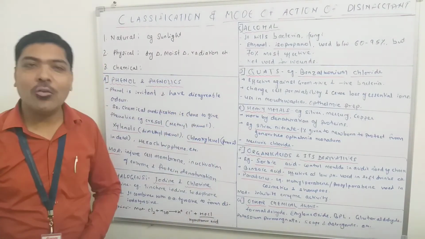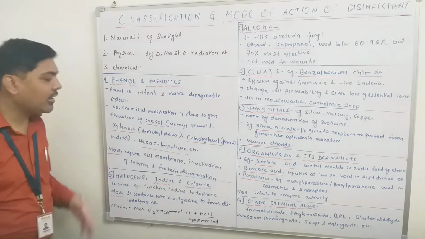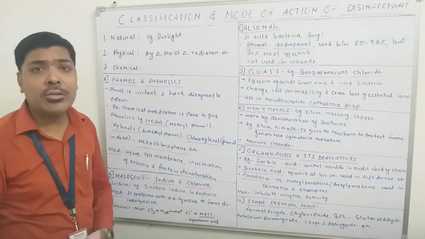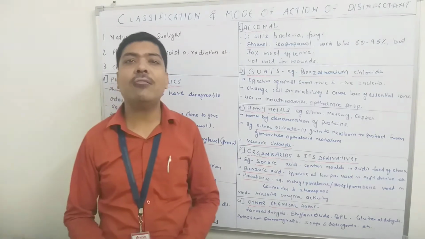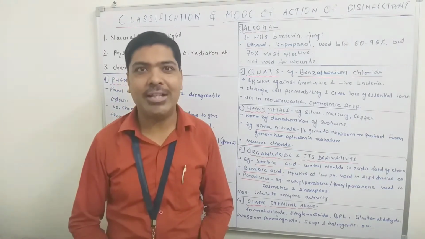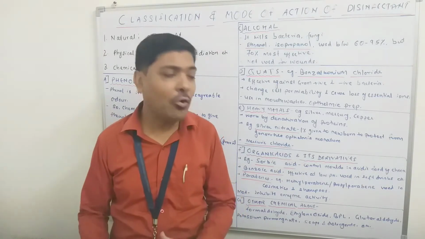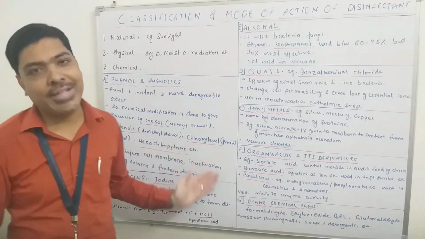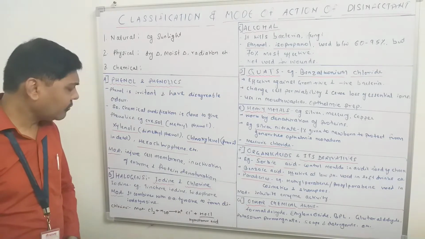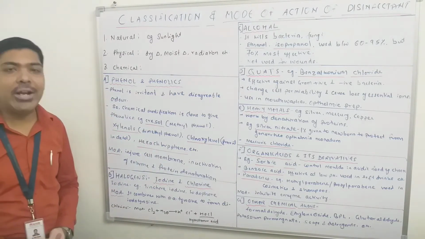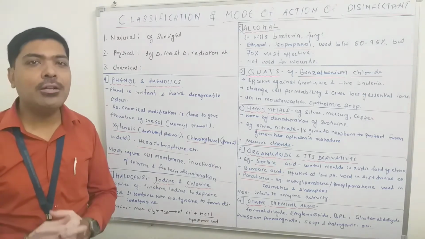Other phenolics are also available, for example xylenol, which is a dimethyl phenol. Chloroxylenol is available in a very famous preparation called Dettol. Everybody must have heard the name Dettol. That Dettol actually consists of chloroxylenol. So these are the different categories of phenol and phenolics which are widely used for disinfection purposes.